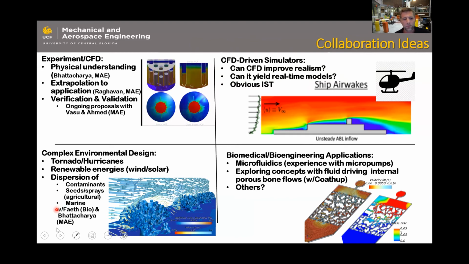John Faith and Shamik and I have just put out a proposal studying that. Also, up here at the top right, simulation environment. I think CFD is going to be a technology that can help improve the realism of simulators. Probably not now, but in the next decade, it's very viable that they're real time. And that may be one idea.